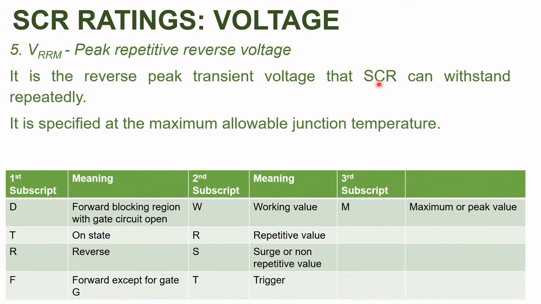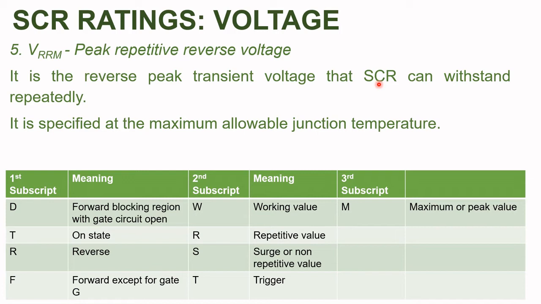Next rating is VRRM. So again, let us try to decode it. First subscript is R, that means reverse bias condition. Second subscript is R. For second R, it is repetitive value. Third subscript is M. M is used for peak value.